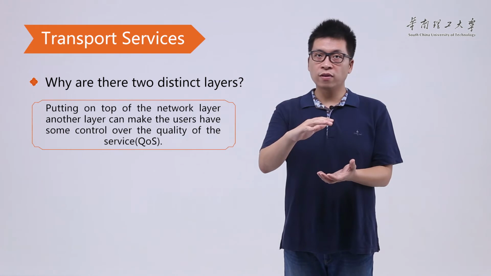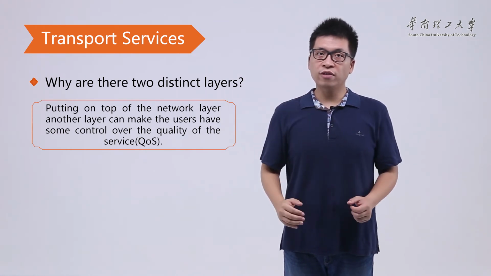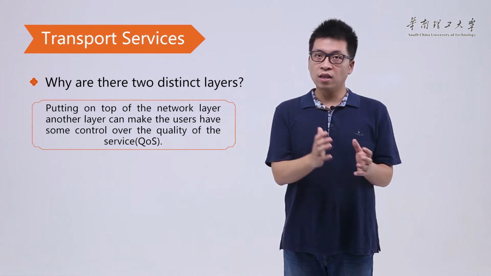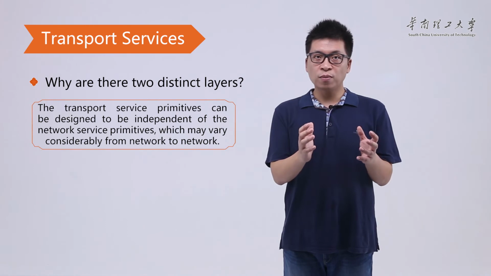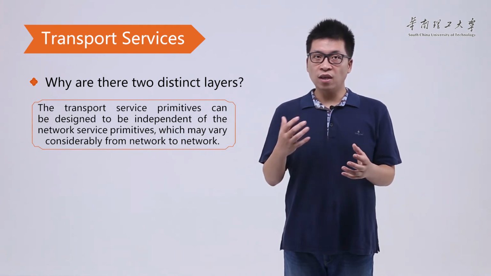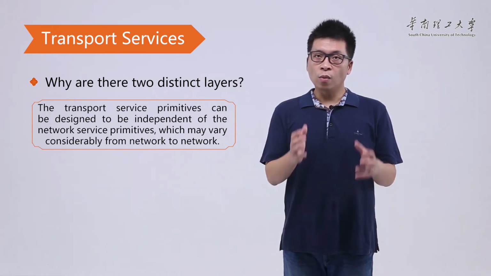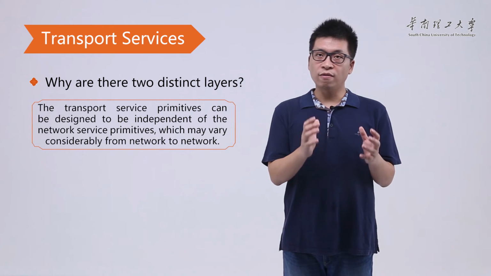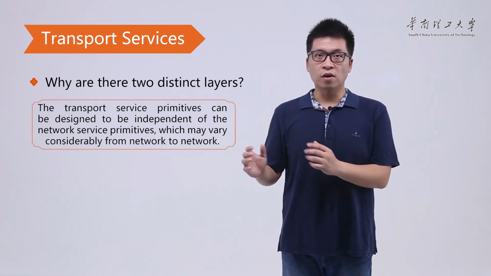Putting another layer on top of the network layer can give the user some control over the quality of service, QoS. The transport service primitives can be designed to be independent of network service primitives, which may vary considerably from network to network.